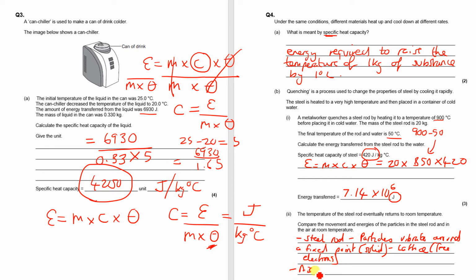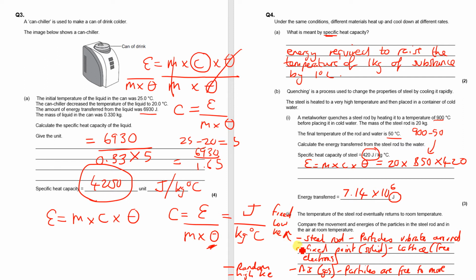Air is obviously a gas, and therefore the particles are free to move. I'm just going to add a couple of points here. In a gas, they are random, and they have a high kinetic energy, and in a steel rod they are in a fixed position and they have a low kinetic energy.